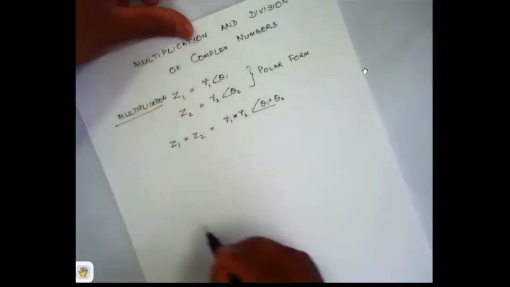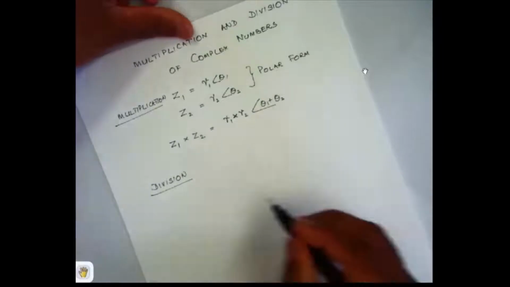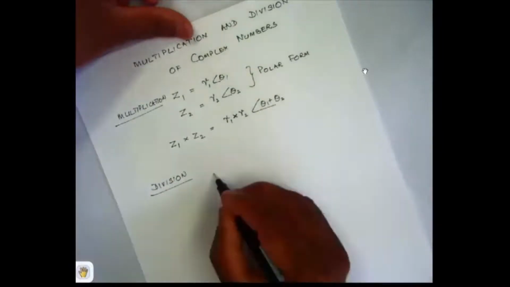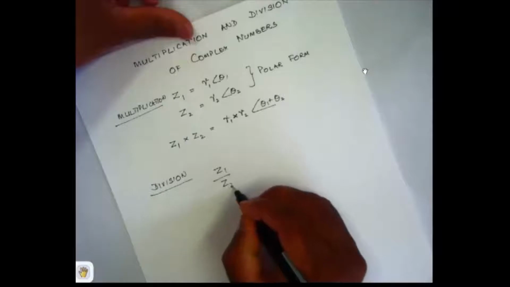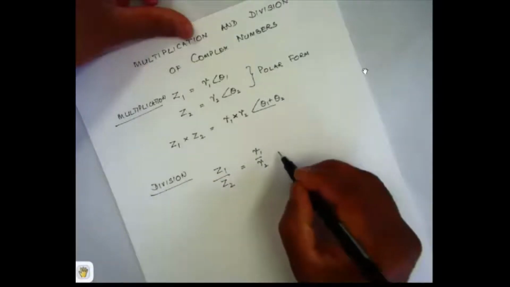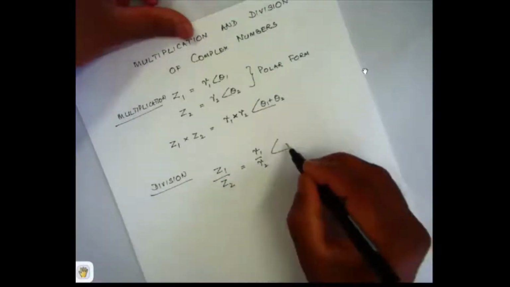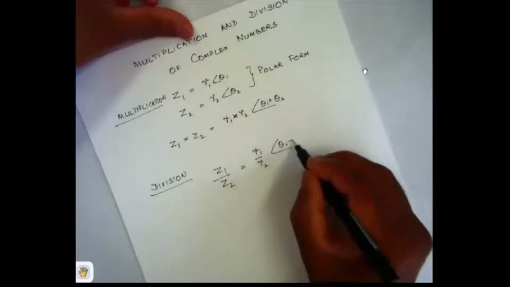Next let's do how the division of two complex numbers works. If we want to divide Z1 by Z2, it is simply R1 over R2, and the angle will be the difference, that means theta 1 minus theta 2.